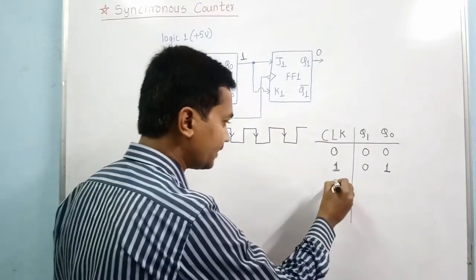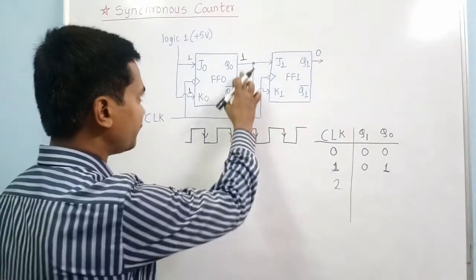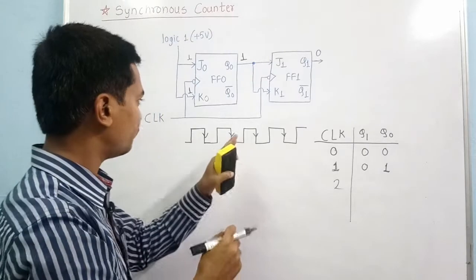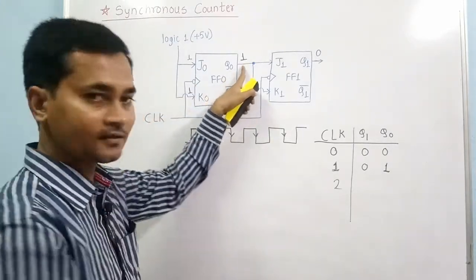Now when we apply the next clock, the second clock, what will happen? This 1 is waiting at the J1 and K1 inputs, and once the clock is applied here, Q0 will change its state.